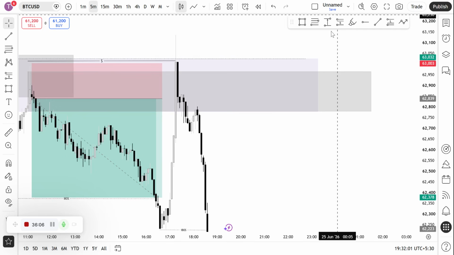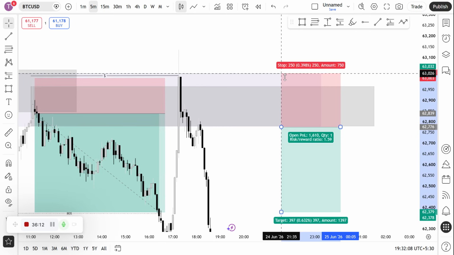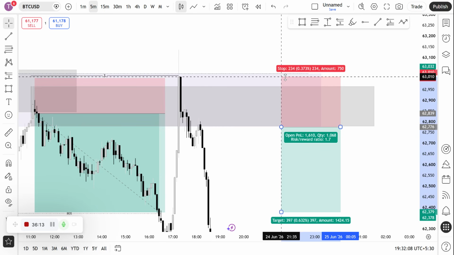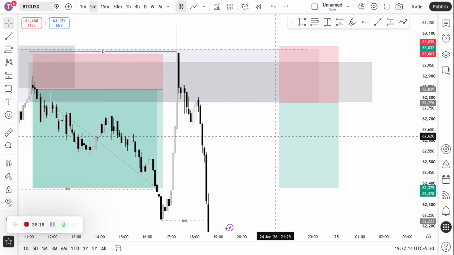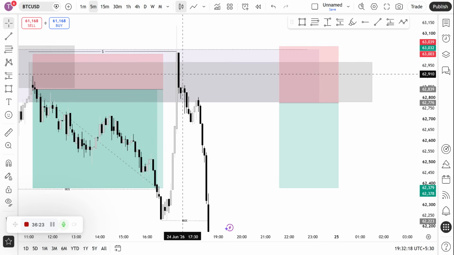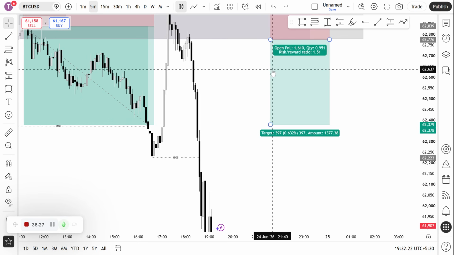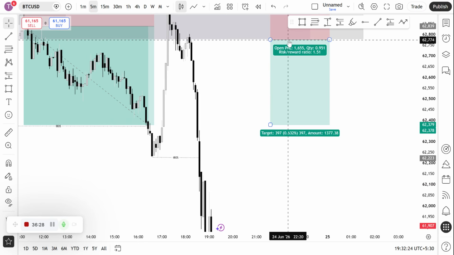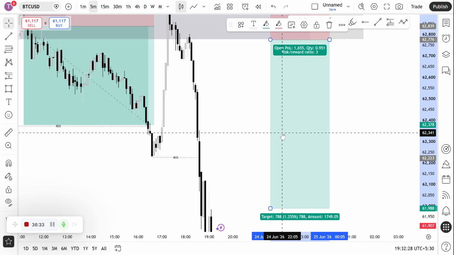Take note of this one. When the market comes to this point, I call it a protected high. Why is it a protected high? Because it already swept the liquidity for the market to go down. So when the market comes back to this point, I'm going to place a sell and then watch the market go down. Simple like this.